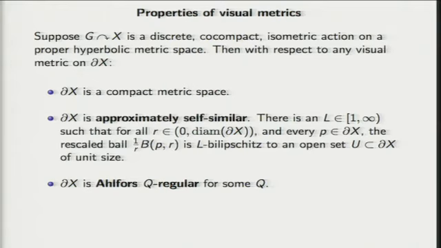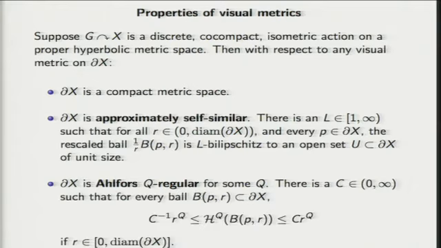So it's Ahlfors Q-regular for some Q, and this means that if you take any ball, you look at the Q-dimensional Hausdorff measure of that ball, then it's comparable to r to the Q, provided the radius is sensible. Okay? So there are different ways of proving this. One of them uses the Patterson-Sullivan measure, and the way that the group distorts that.